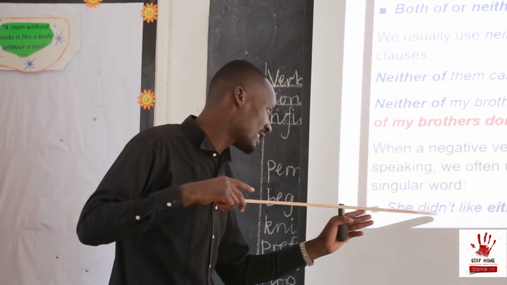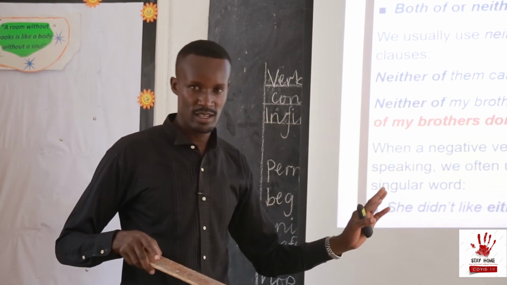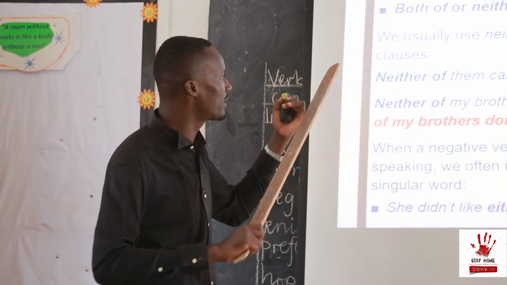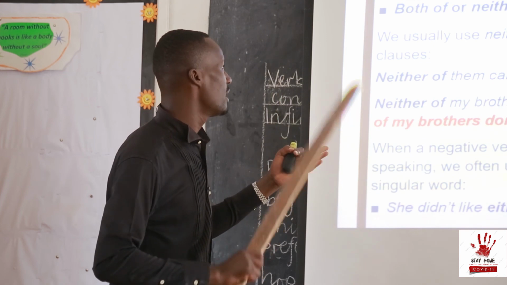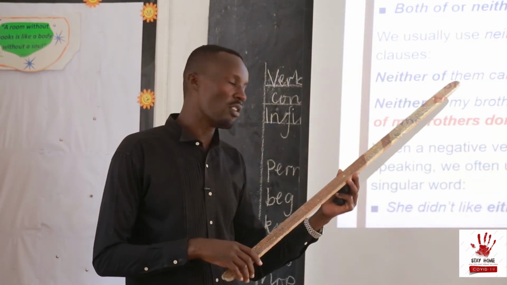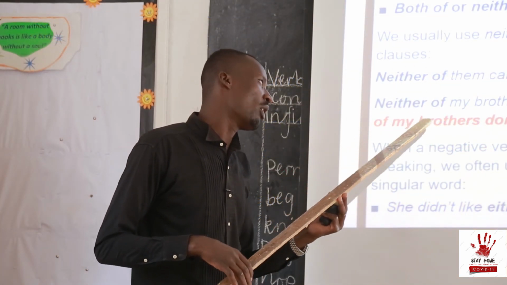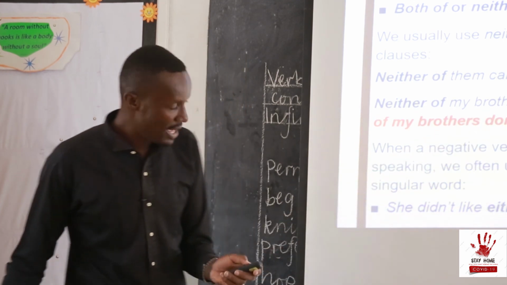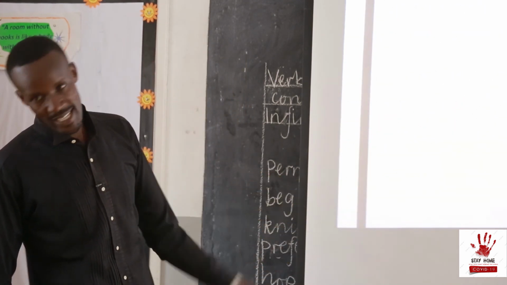So we say she didn't like either dress, but not dresses. So you get the difference between both, either and neither. Both is plural, neither is singular, either is singular. And when the clause is negative, instead of using both of, we say neither of. And that sentence now goes to singular because neither is singular.